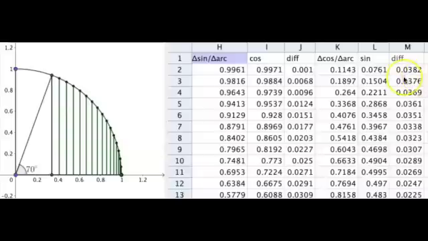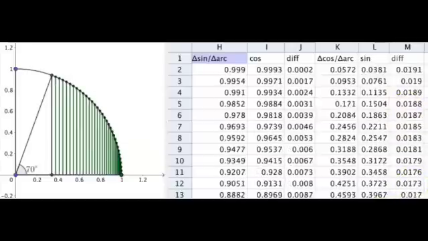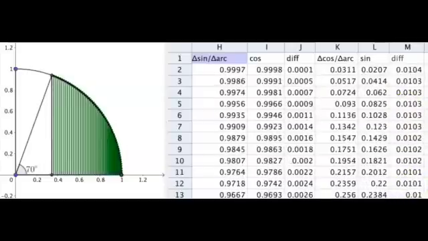And now you can see that the difference between change of cosine divided by arc and the sine is actually smaller than it was before. And if I divide the angle up into 59 pieces, it's practically the same. This is going to get us a relationship that's really important.